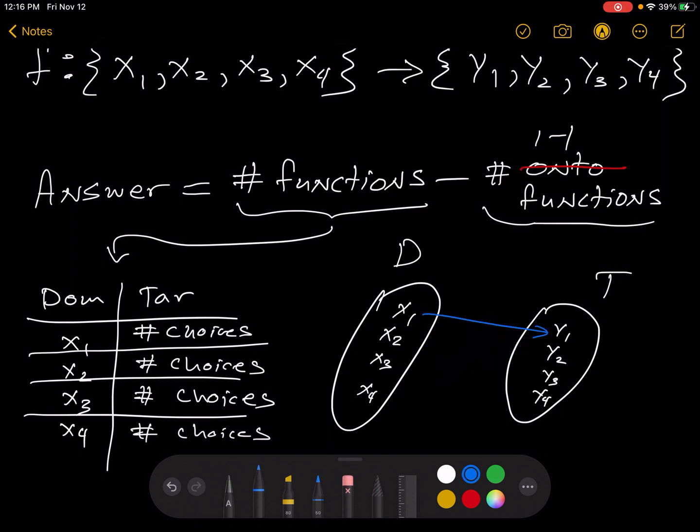We could have something like this. That's still a function, right? Lots of choices for x1, lots of choices for x2, etc. All right, and so you want to do the same sort of thing with one-to-one functions.